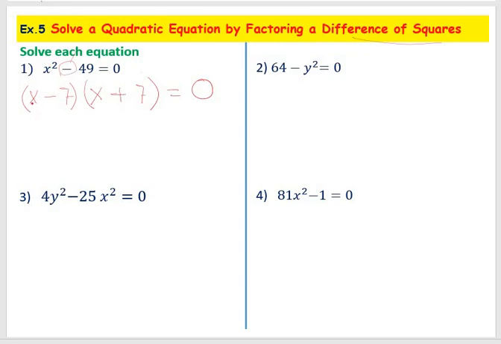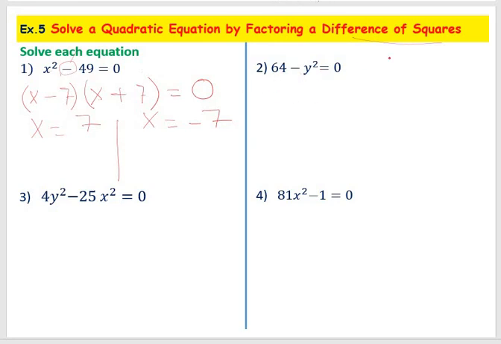It's the square root of the first term, which is x, minus the square root of the second term, which is 7, and then I'm going to copy this bracket again here, but instead of minus, I'll make it plus. Then I'll have my two answers, x equals 7 or x equals -7, like the very first one that I used. Now, here I can do the same thing, difference of two squares.